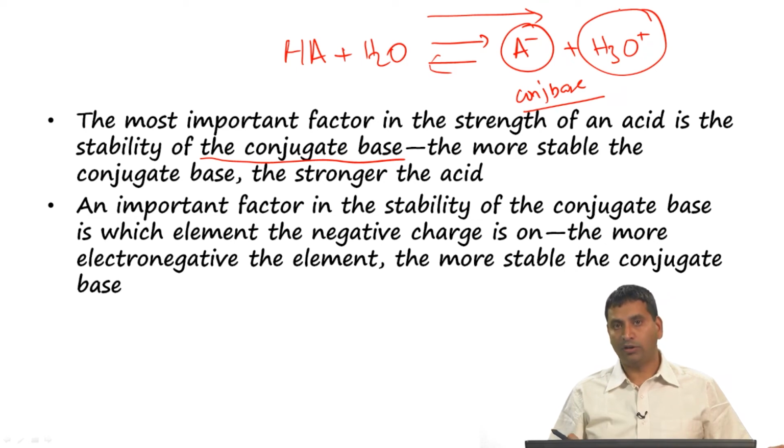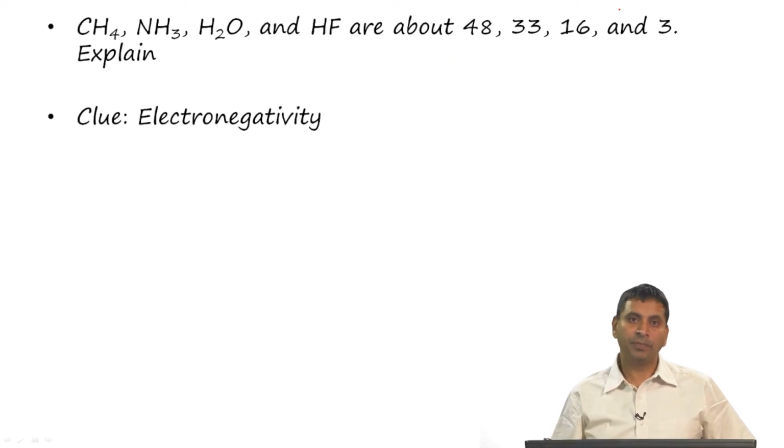Another important factor in determining the stability of the conjugate base is the element on which the negative charge is. The more electronegative the atom or the element, the more stable the conjugate base. Now, we shall look at some examples and see how we can explain the trends in pKa.